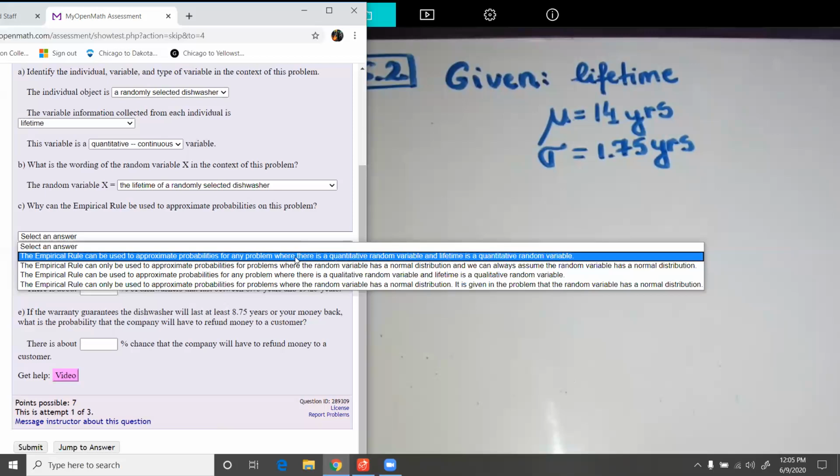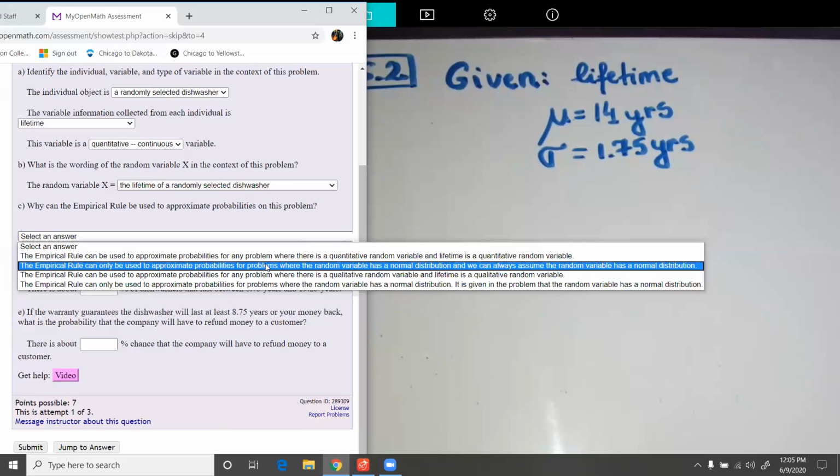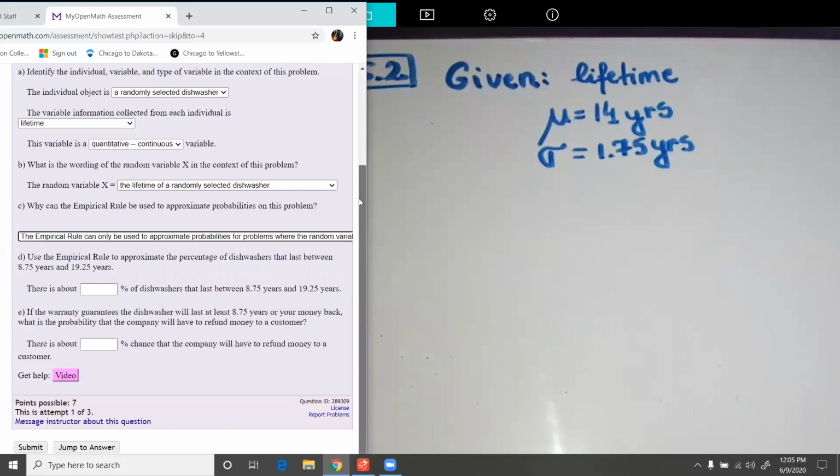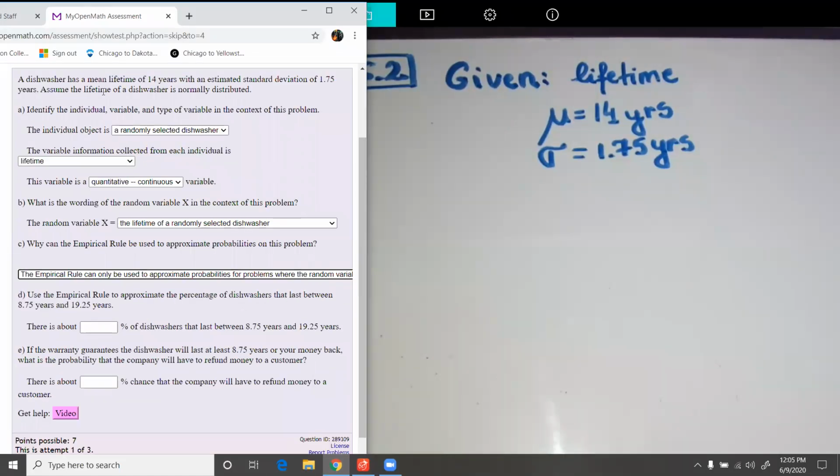No, it's not going to be used for any problem with that. It's going to be used to approximate probability for problems where there is a random variable that has a normal distribution. And we can assume the random variable has a normal distribution, or actually it is given in the problem. So it's not this one. So it should be the last one. It is given in the problem that the random variable has a normal distribution. It says right here, lifetime is normally distributed.